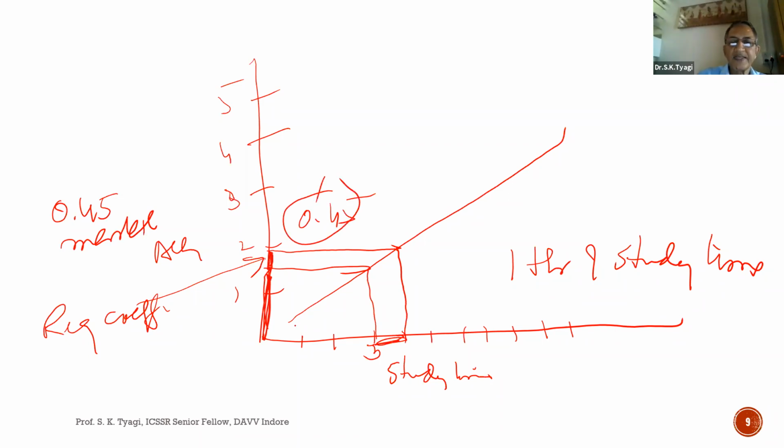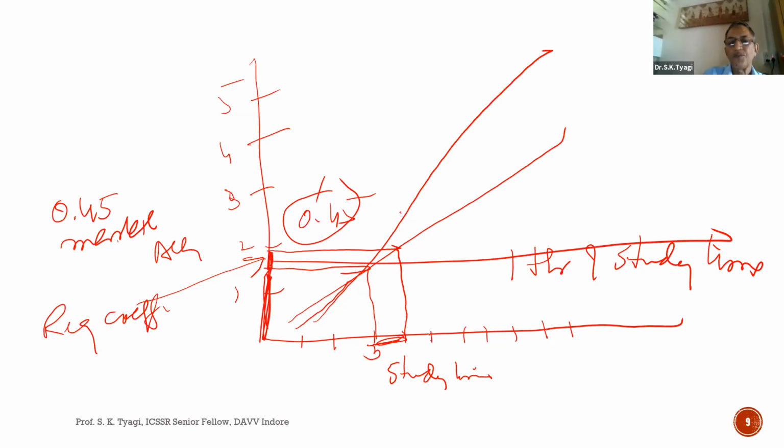If this line has more slope, then the value of regression coefficient will increase. And if this line has less slope, suppose it is zero slope, so 1 hour of increase has a zero addition to achievement. This is what is meant by regression coefficient or regression slope.